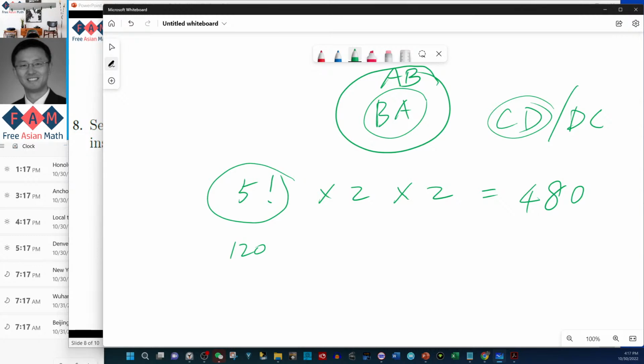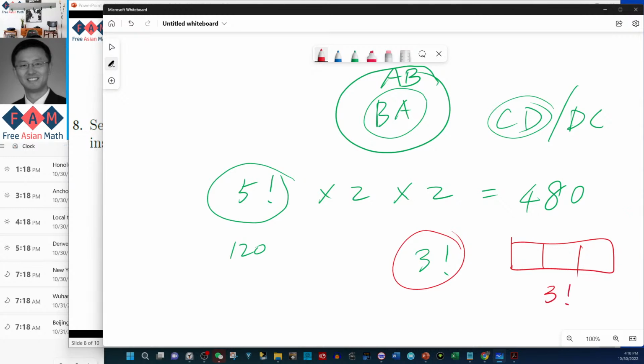But after you do all the permutation calculation, unless you have additional constraints, you have to multiply your total number of permutations by a 3 factorial multiplier, because once they have secured their block of 3 chairs, they can still shuffle their order within it, and that is 3 factorial.